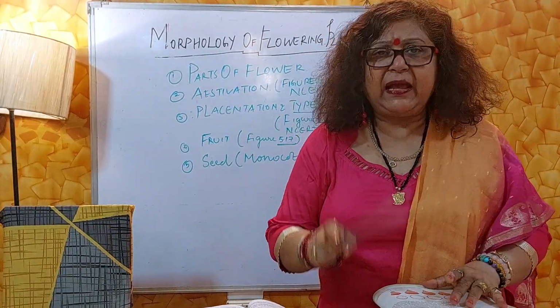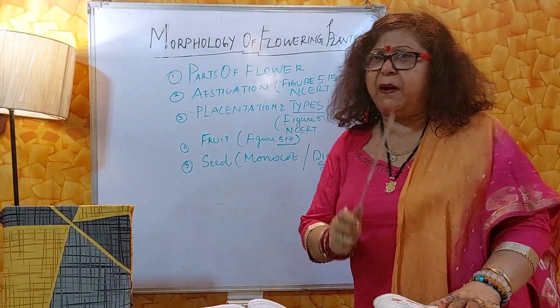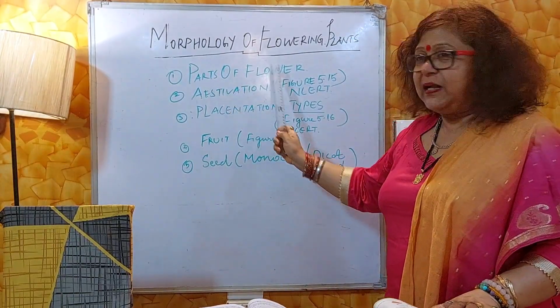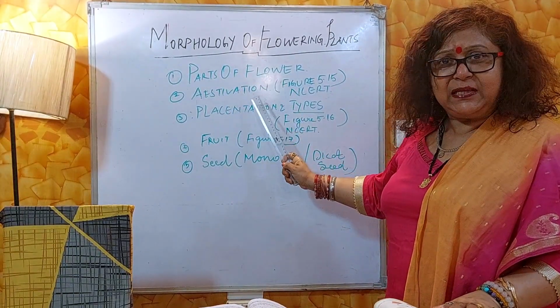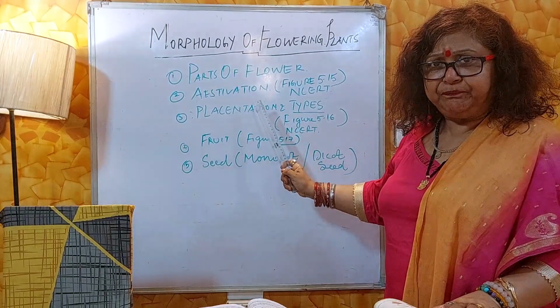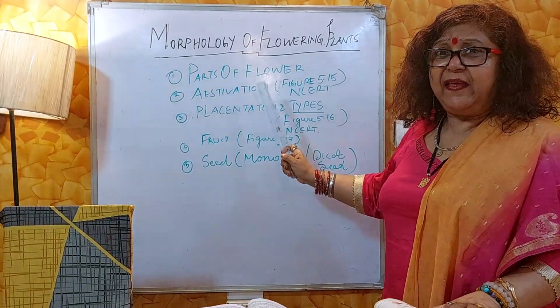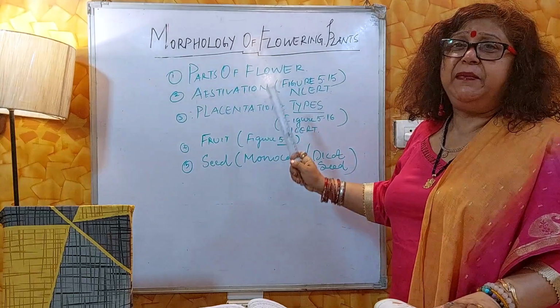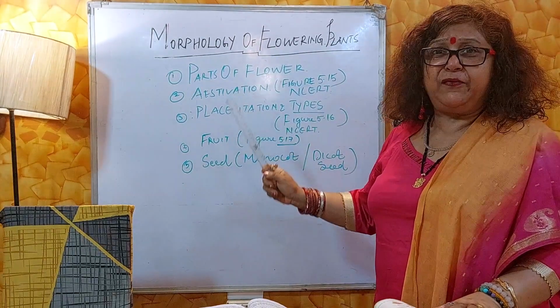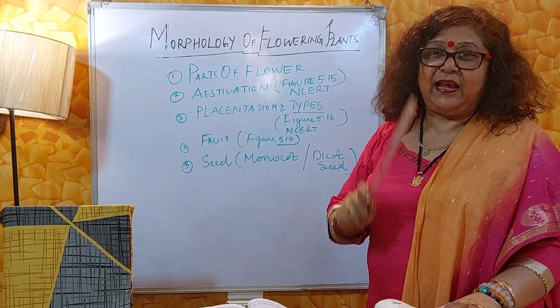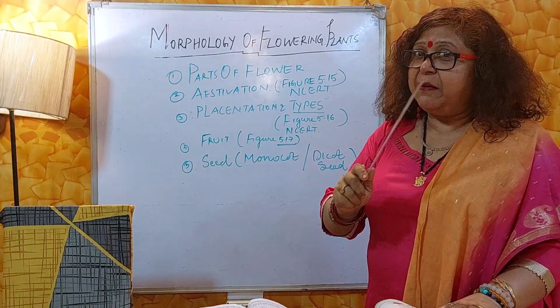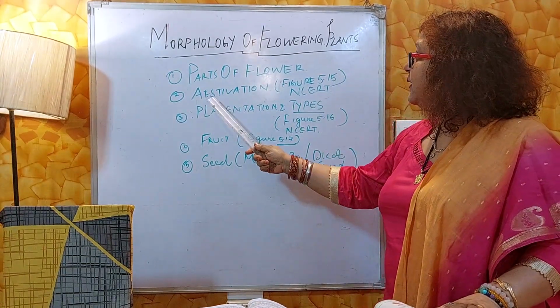After this, in this part of the video we will cover the parts of the flower: the sepals, the calyx, the outer one, then the corolla, the petals and their arrangement in a flower. After that will be the androecium, the types of androecium and its arrangement, and then the gynoecium. After we complete the inner part of the flower, we come to a term called estivation.